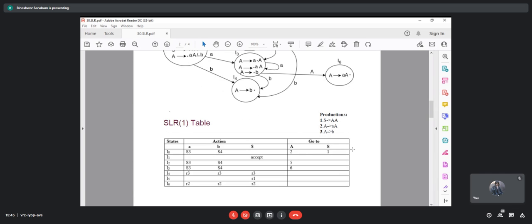As mentioned before, when we are talking about reduce in LR0 item, it doesn't look for any lookahead, so it gives the reduce to all the terminals. But in SLR1, we need to check the next element, so we're going to find the follow of the left hand side of the production.